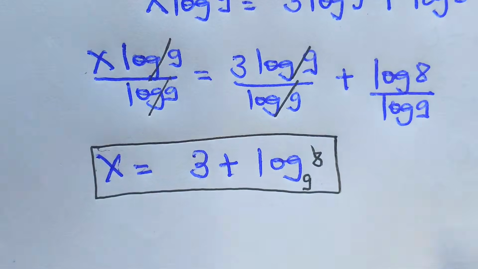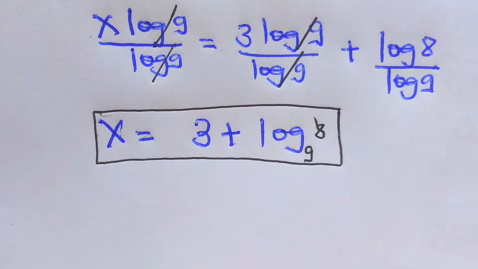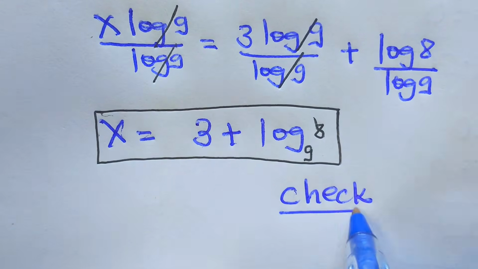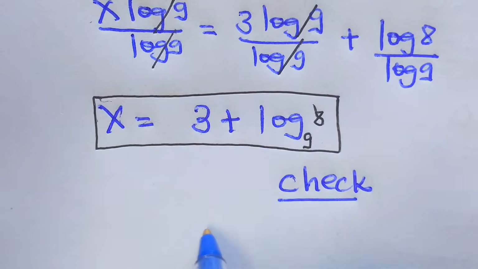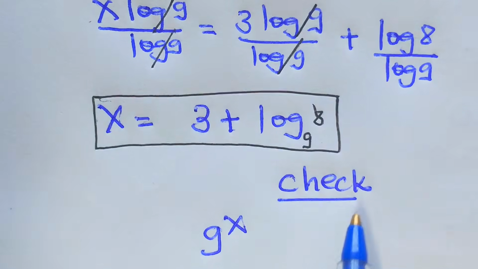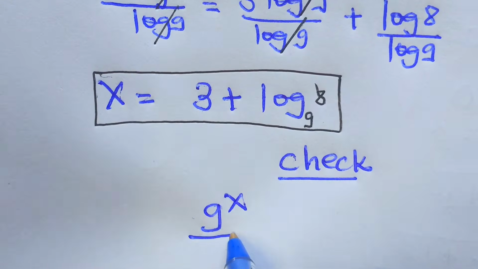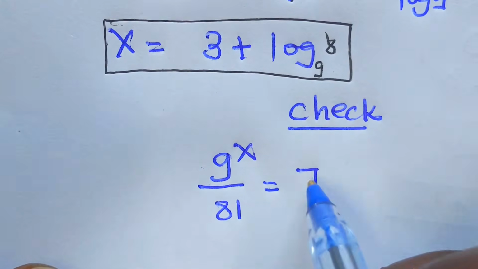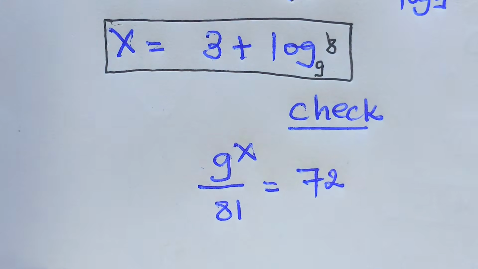What next? The next thing here is to check if the answer is correct. So we have to check, and of course you have to copy. We have 9 power x over 81, and this should be equal to 72.